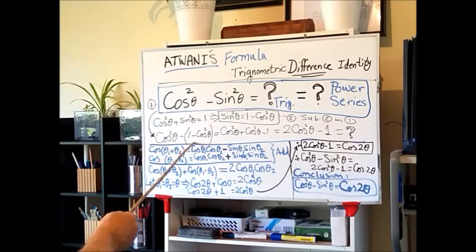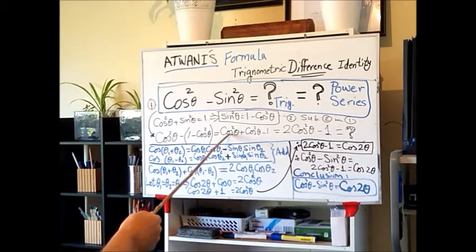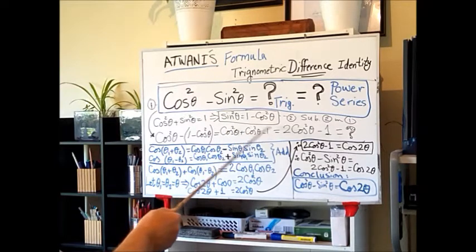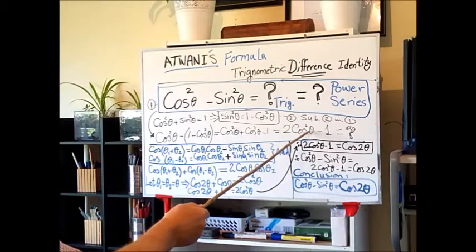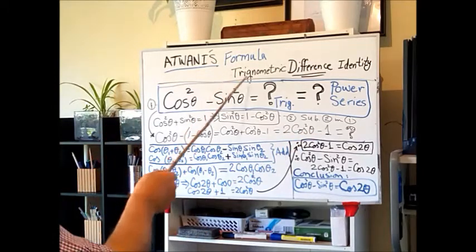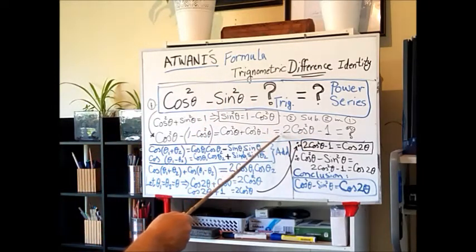Now we expand here: minus times minus is plus, so plus cosine square theta minus 1. Adding cosine square theta plus cosine square theta gives you 2 cosine square theta minus 1. So this expression at the top has been transformed into 2 cosine square theta minus 1.